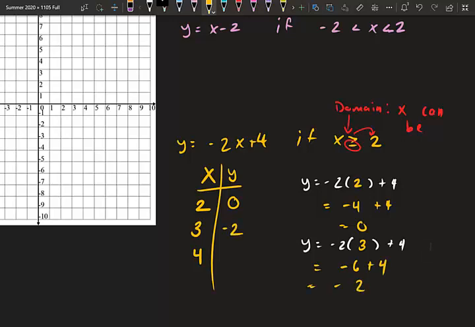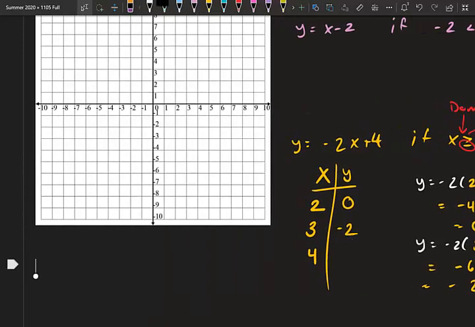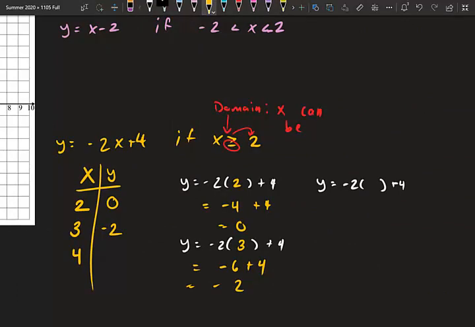Alright, we're going to do the same thing with 4. Since this is a line, you can probably guess it. It's going to be negative 4, because with lines, the slope is constant. So we have negative 2 times x plus 4, and the x we're plugging in is positive 4. Alright, we simplify, so we get negative 8 plus 4, which is negative 4.